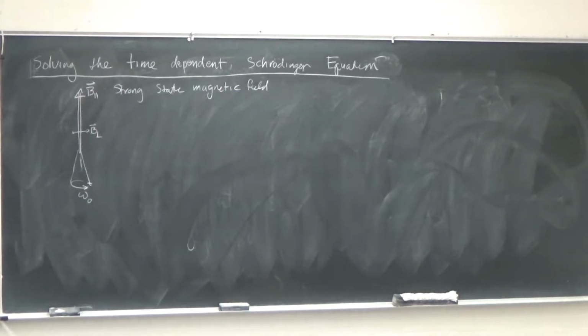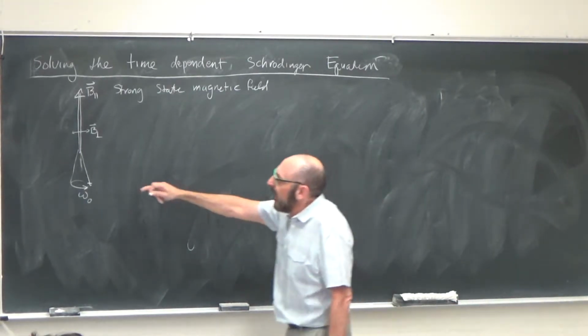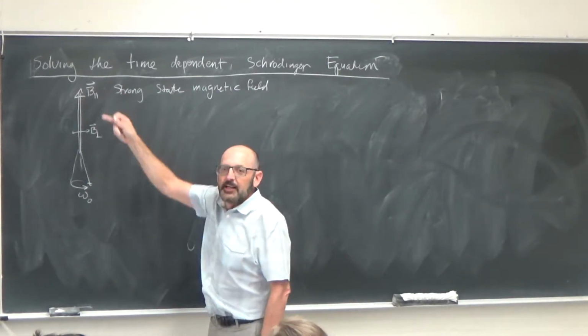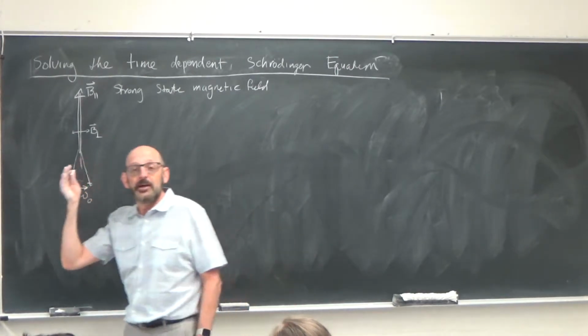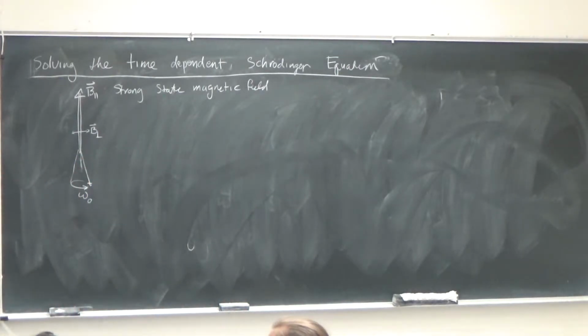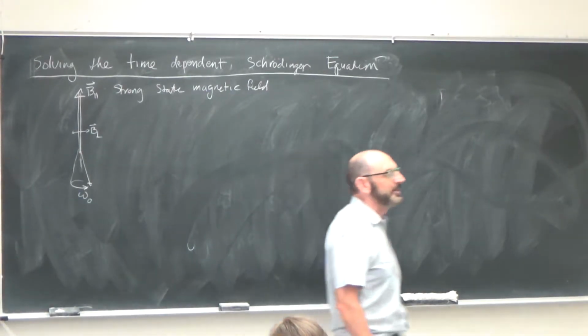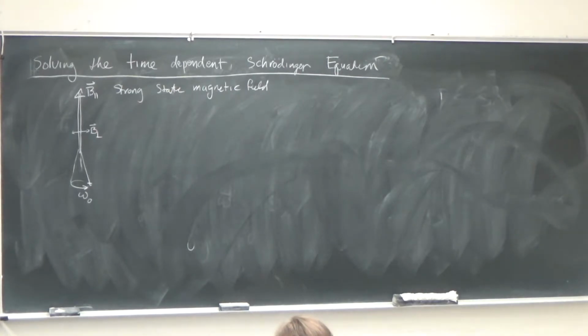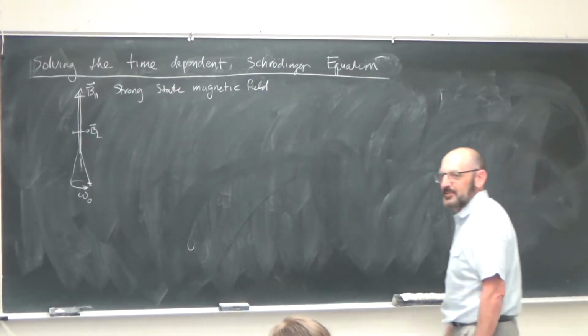And in doing so, we'll get a resonant effect and the spin will flip. That's called magnetic spin resonance. And it's what's behind the MRI machines, which used to be called nuclear magnetic resonance, but nuclear is a bad word, so we just call it magnetic resonance imaging.